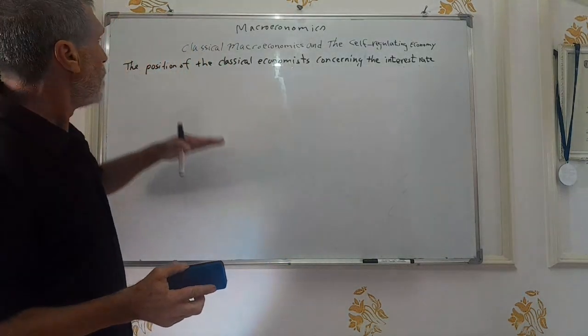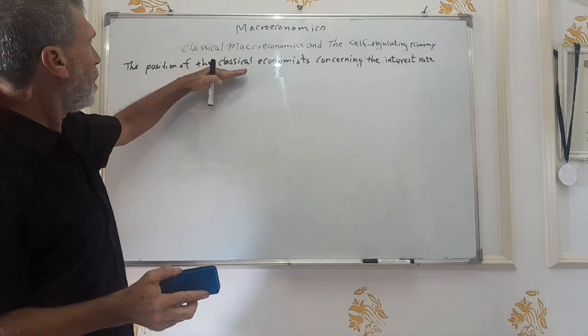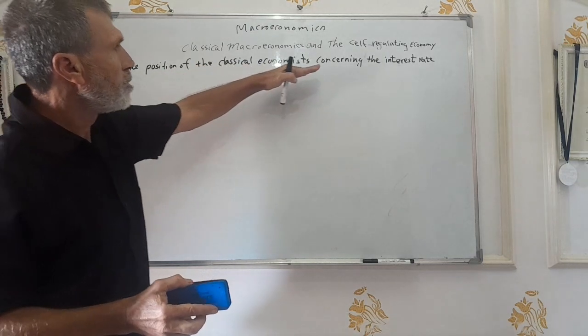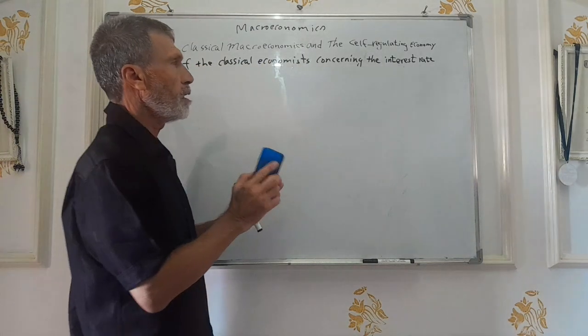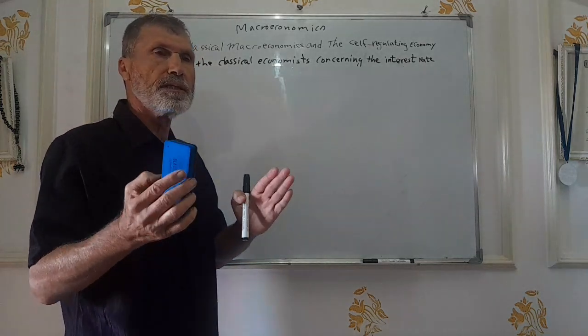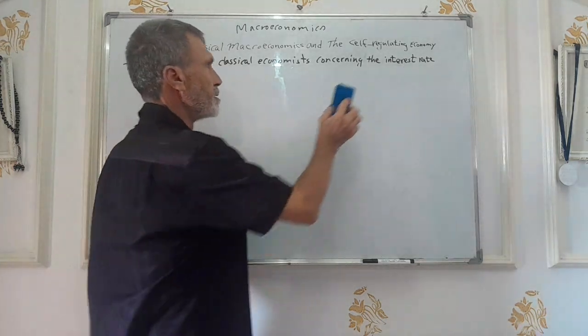So that was the position of the classical economist concerning the interest rate. Now we're going to say concerning the wages and prices.